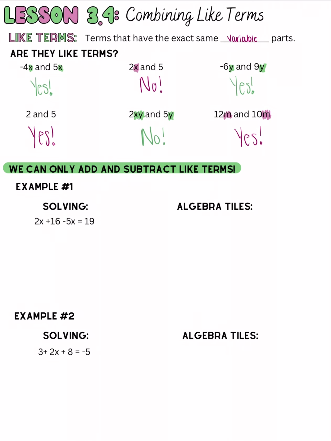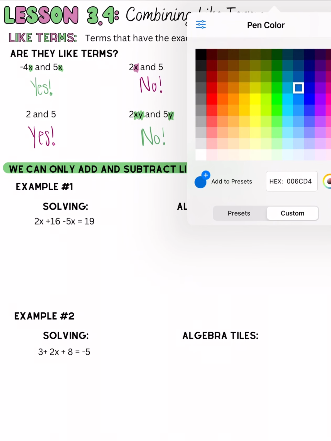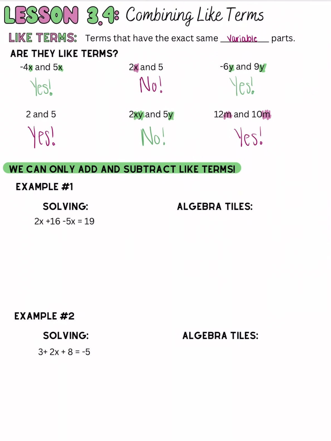So I have 2x plus 16 minus 5x equals 19. We are going to do algebra tiles. I'm going to do blue for positive x's and the purple color for negative x's.